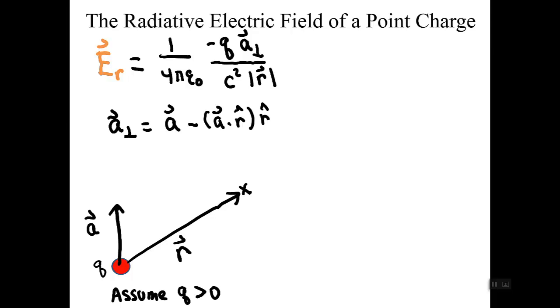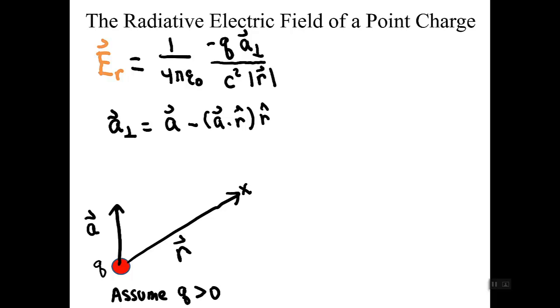Here's what a perp means in words. Take the acceleration vector a and subtract away the component of the acceleration that is parallel to the vector r. You are left with that part of the charge's acceleration that is perpendicular to the vector r. That is vector a perpendicular.